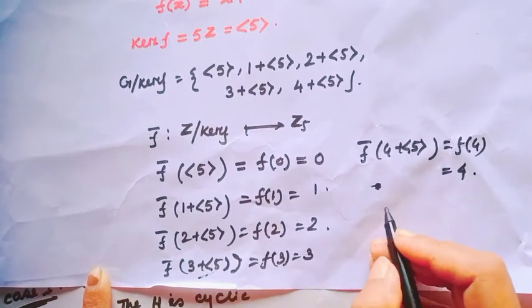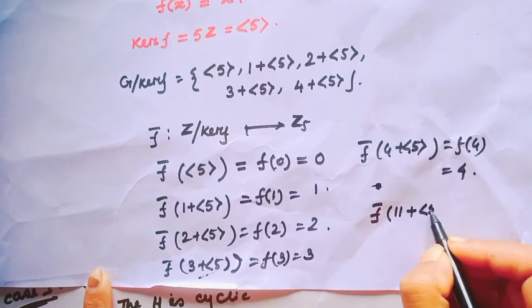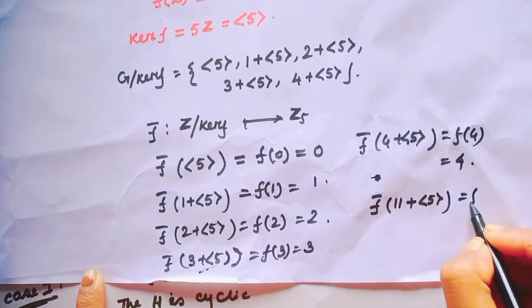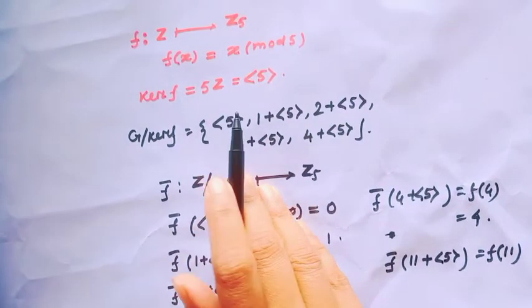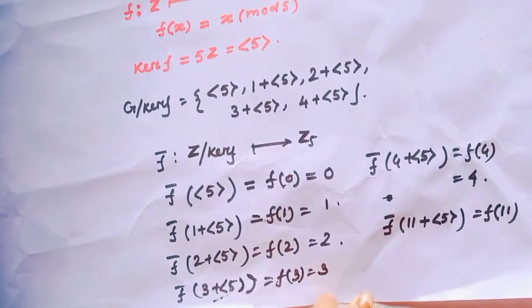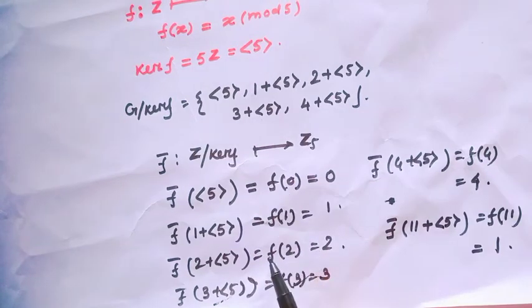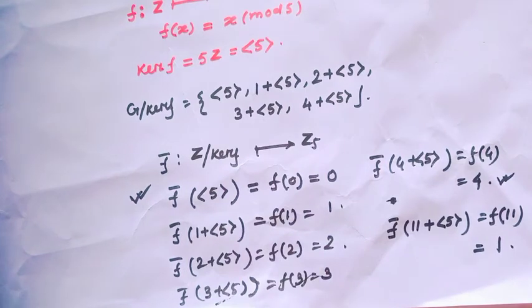If I ask what f bar of 11 plus the cyclic subgroup generated by 5 would be, this is the same as f of 11, and by construction of this mapping, this is equal to 1. That means in this mapping, only these elements are distinct. After this, the elements will just repeat.